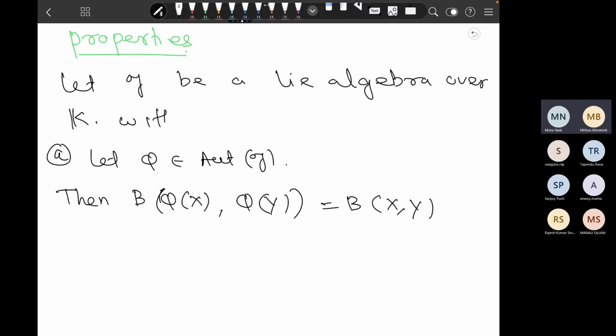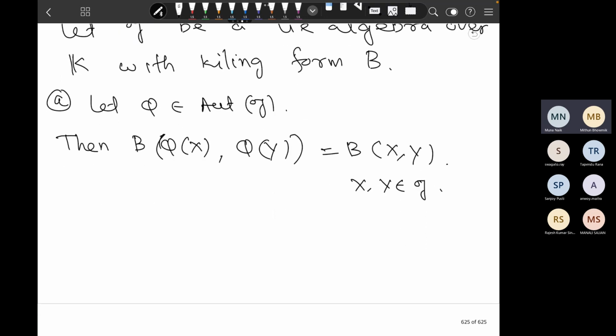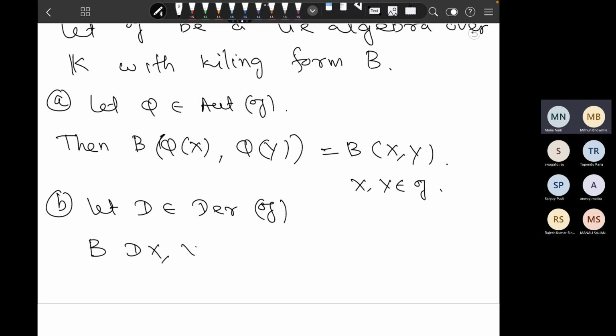So with the Killing form, this x, y belongs to G. Second thing: let D belong to the derivations of G. Then B of Dx, y is equal to minus B of x, Dy. Okay, this x comma y belongs to G.